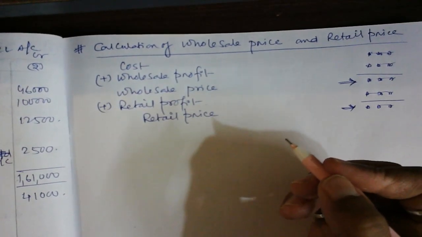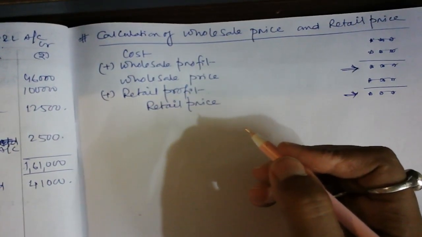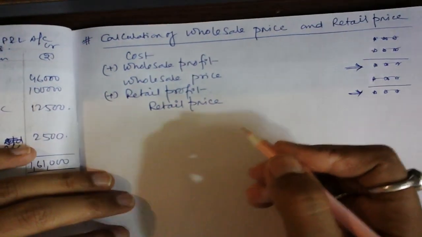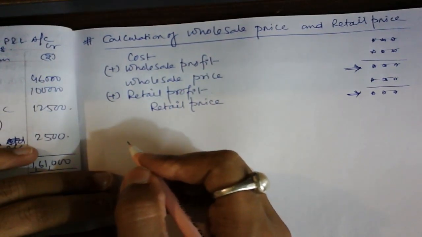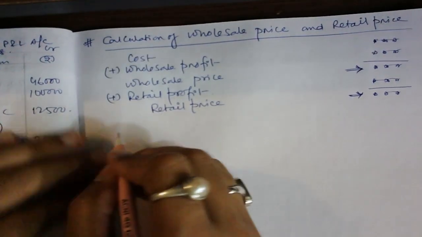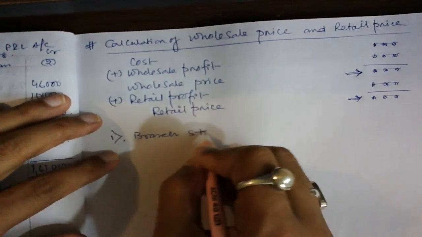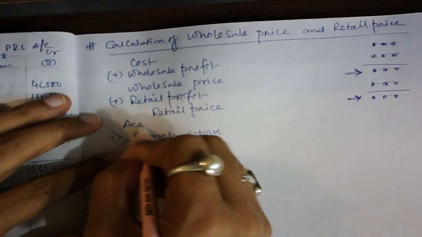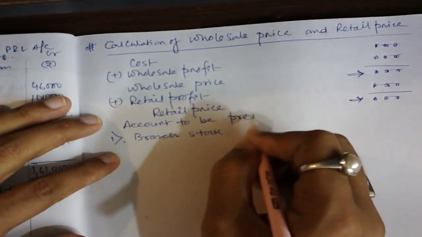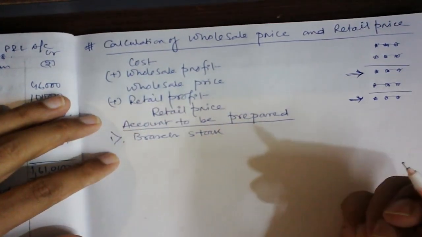Now we are going to understand what accounts we need to prepare in this wholesale branch method. Here we need to prepare the accounts. Write: accounts to be prepared.